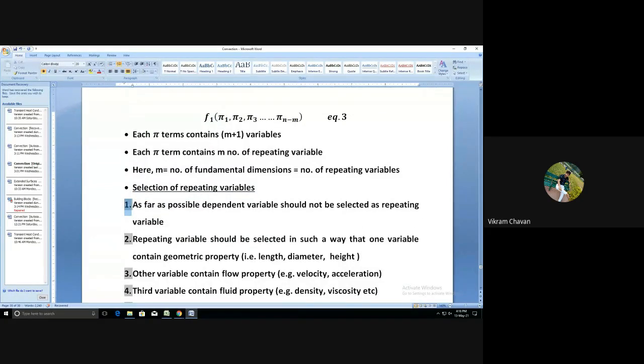The first rule is, as far as possible, a dependent variable should not be selected as a repeating variable. So this is our first rule.